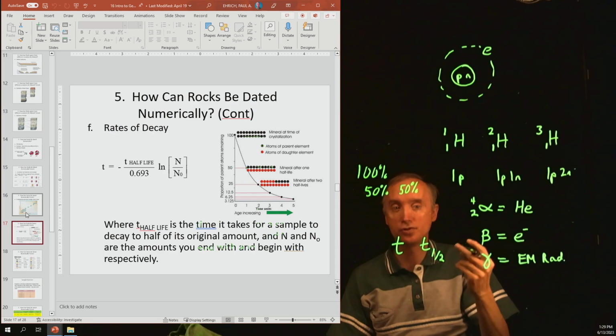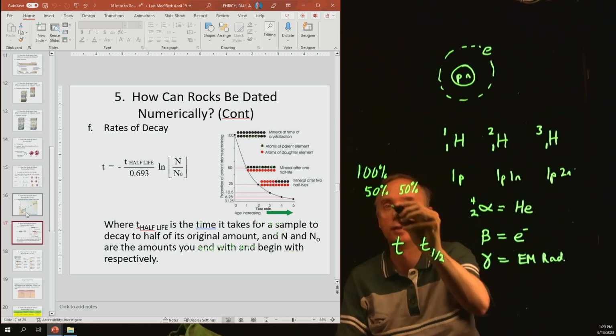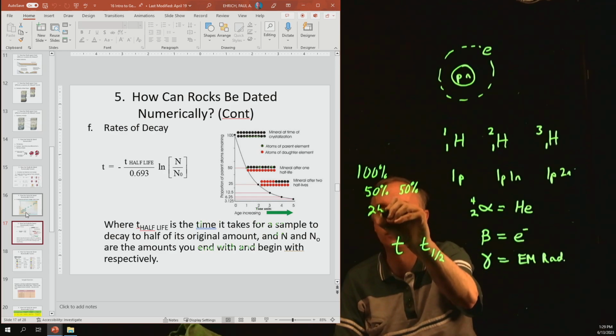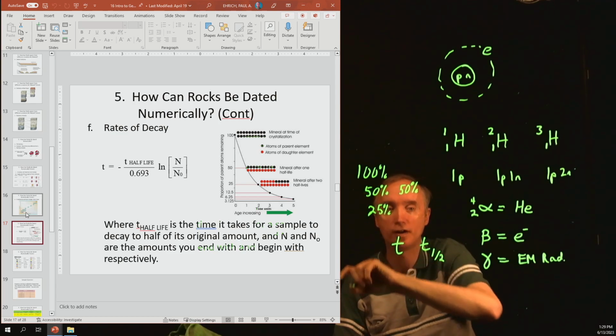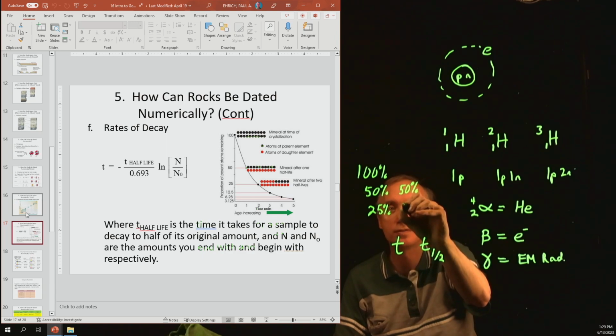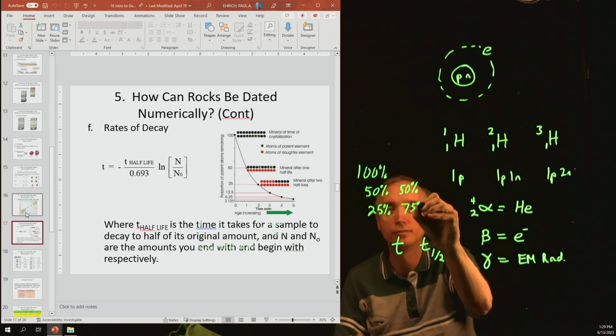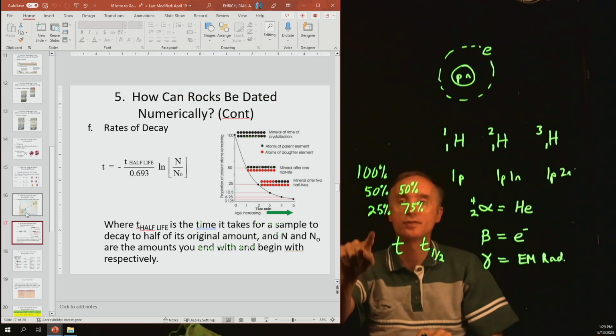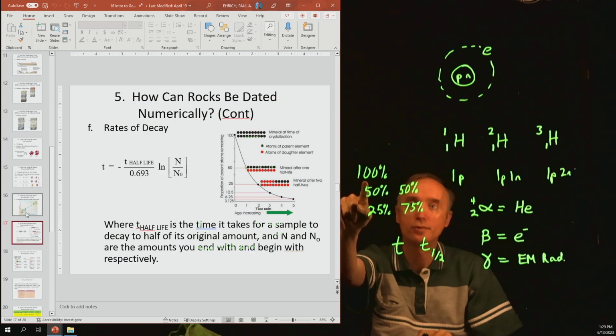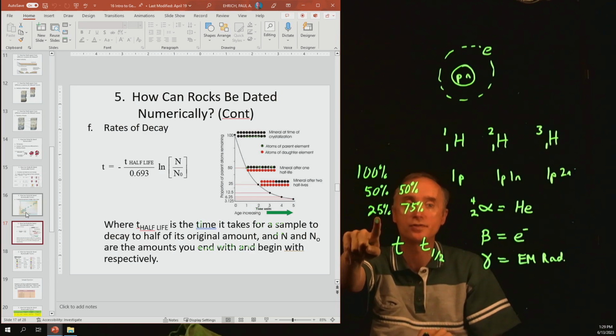Okay, at the end of two half-lives, you're now down to 25%. 1/2 of 50% is 25%. So that means now the grand total of other stuff is 75%. So here's the original material, 100%, 50%, 25%.